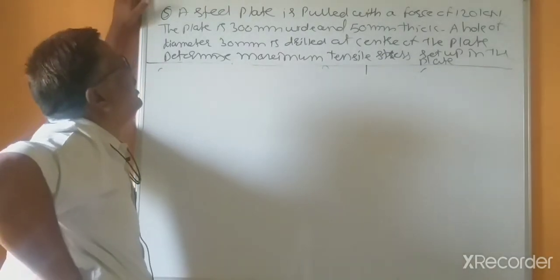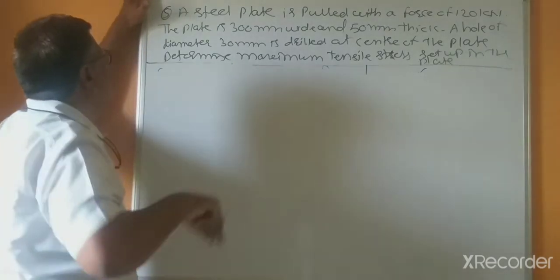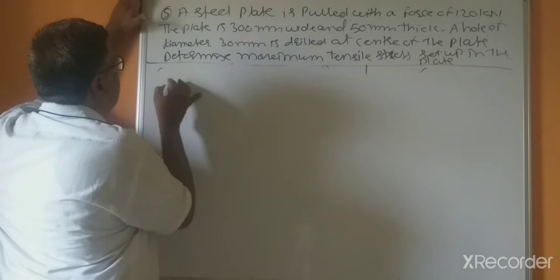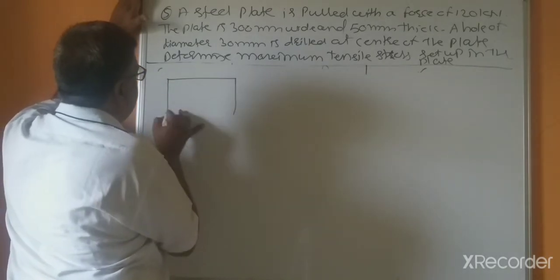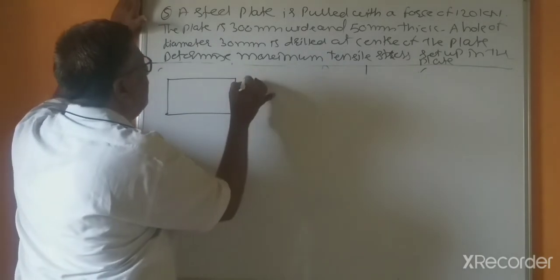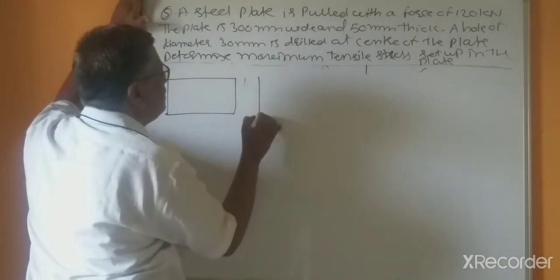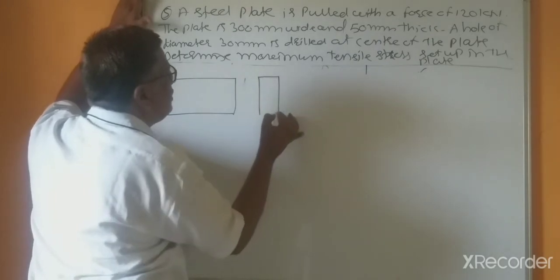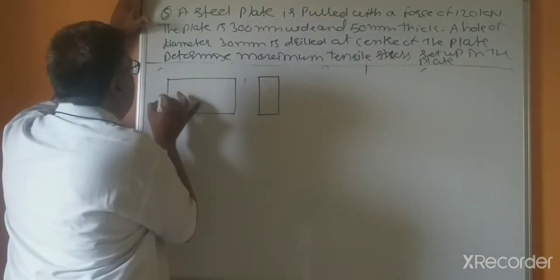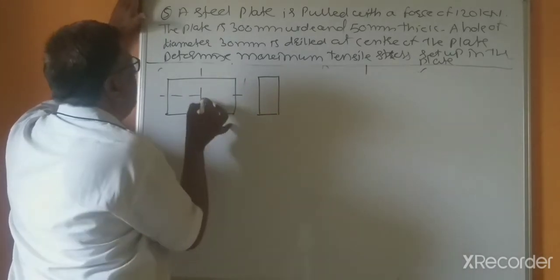a steel plate, 120 kilonewton. So what may be the length? Length doesn't matter, because here the area of cross section is important, and that's why here this is area of cross section, and the center has a 30 mm hole.